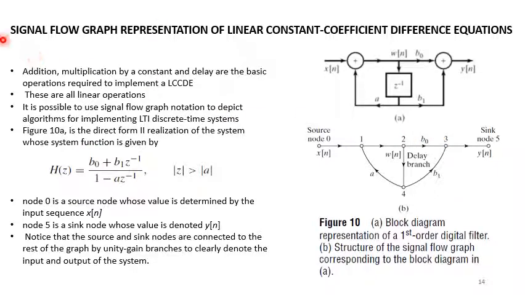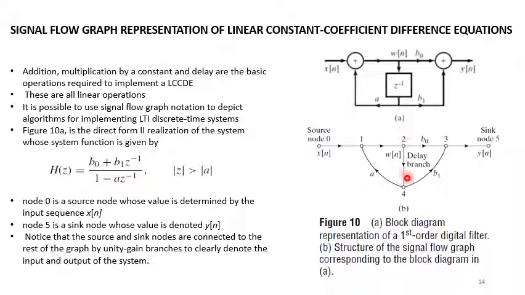At this point we are delaying the signal by one unit, so we have just written a delay branch here. The one-unit delayed signal is scaled by a factor of b1, so this is your b1 x of n minus 1, which we get here. For the case of the output, we have only scaling by a factor of a and delaying by one unit.